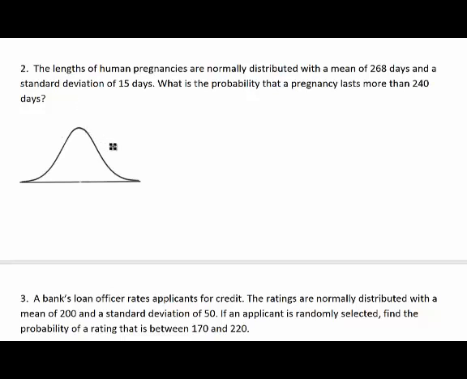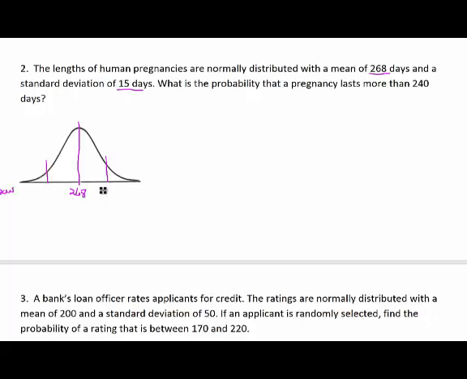Lengths of human pregnancies are normally distributed with a mean of 268 days and standard deviation of 15 days. So here's our raw data. Here's 268, 1 standard deviation and 1 standard deviation out. 268 plus 15 is 283. 268 minus 15 is 253.